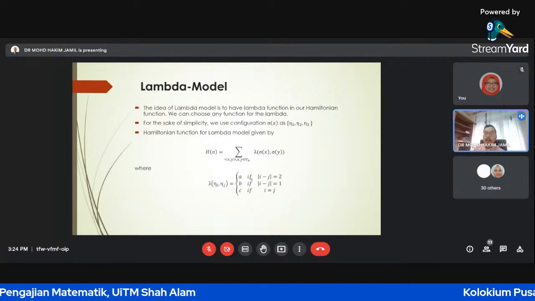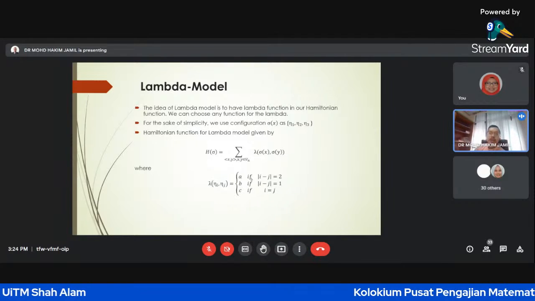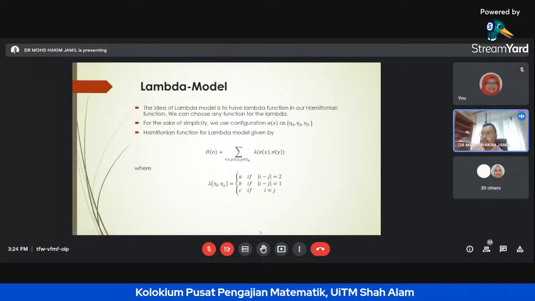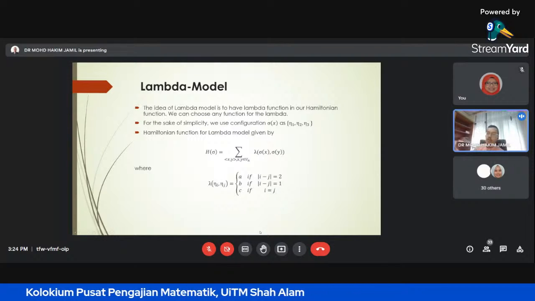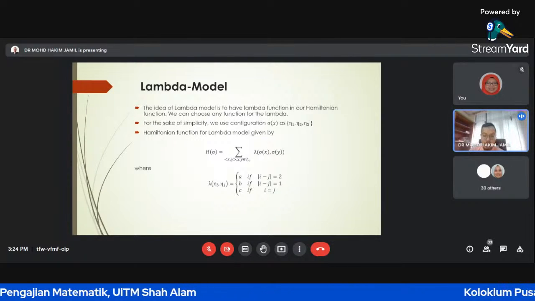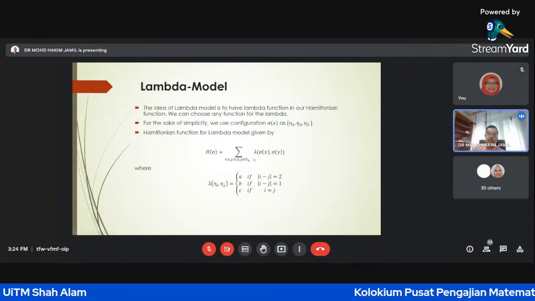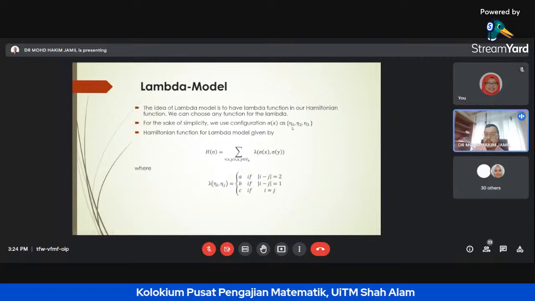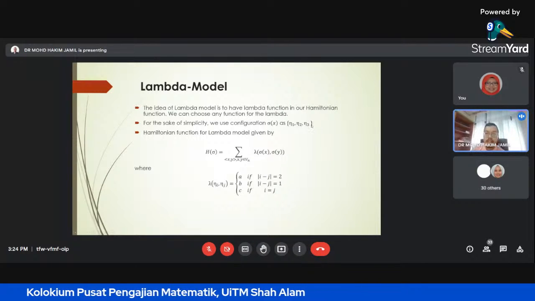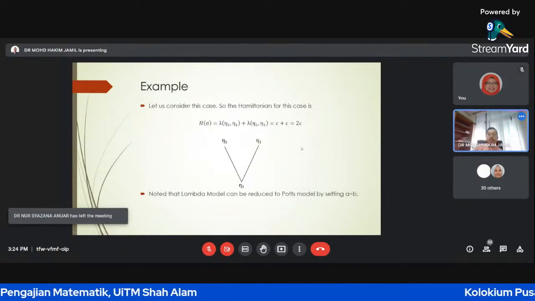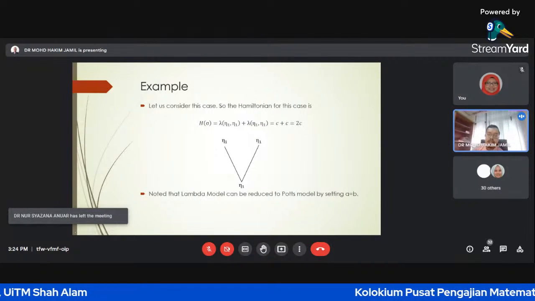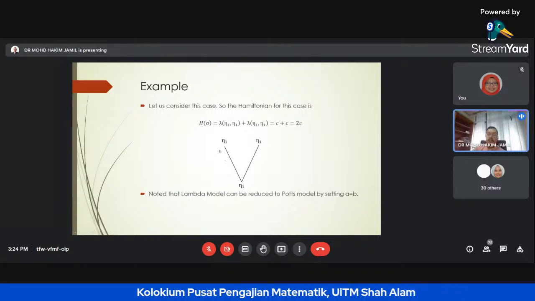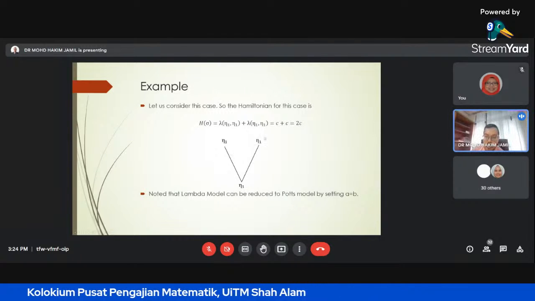So the idea of the lambda model is that you can choose any function for this lambda. For example, you can put log, or x plus y, it's up to you. For the lambda model, we use a configuration with these three spin values: eta 1, eta 2, and eta 3. Let us consider this case for this Kelly tree. We have eta 1, eta 1, eta 1 here.